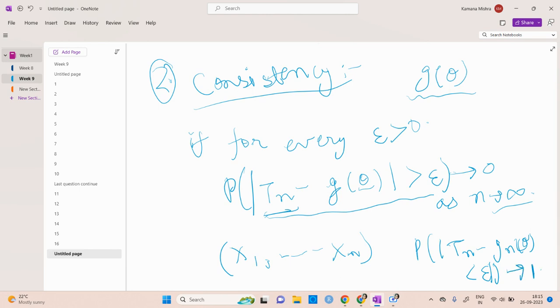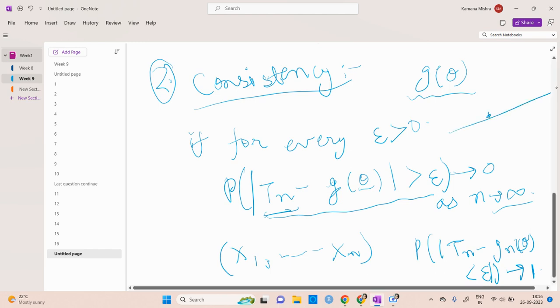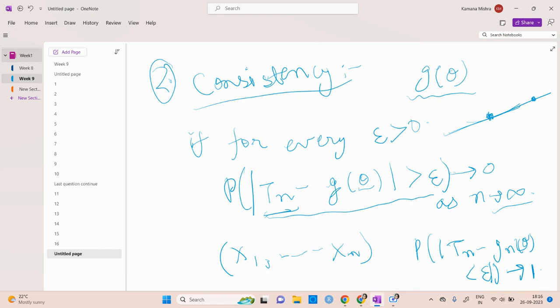Less than epsilon goes to 1 means if we have gn(theta) here, and then Tn here, let's say at n equal to 20. As n tends to infinity, this Tn is approaching gn(theta).